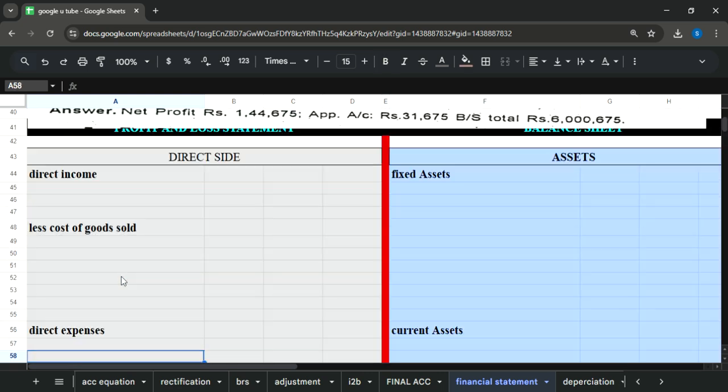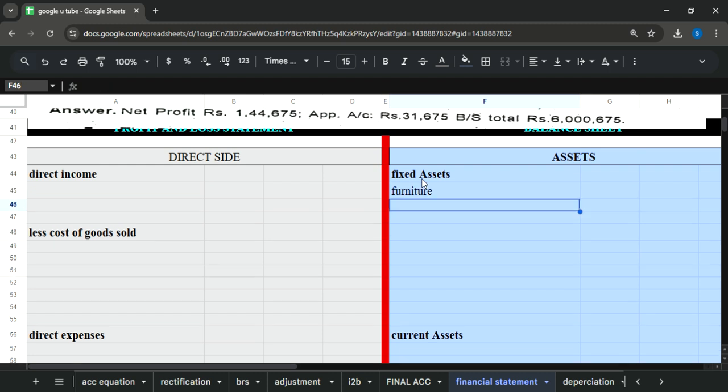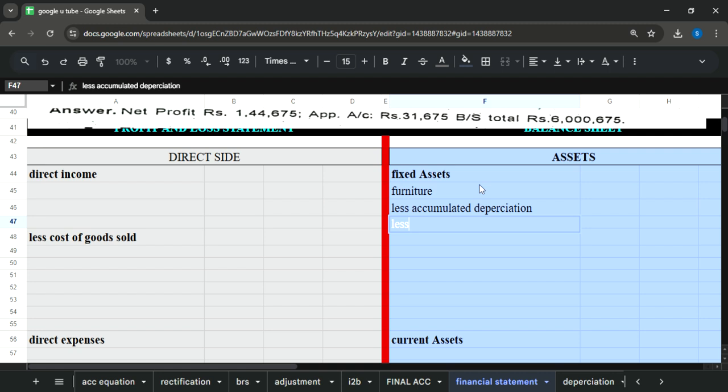Let's go back to fixed asset, and here first we will mention furniture, then accumulated depreciation, and then again current depreciation would be mentioned.